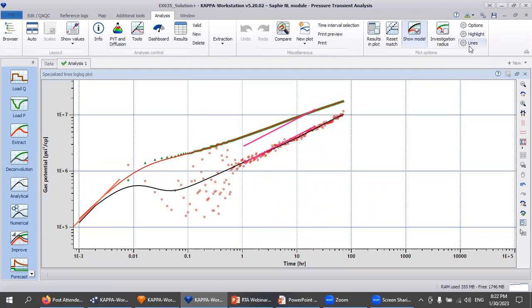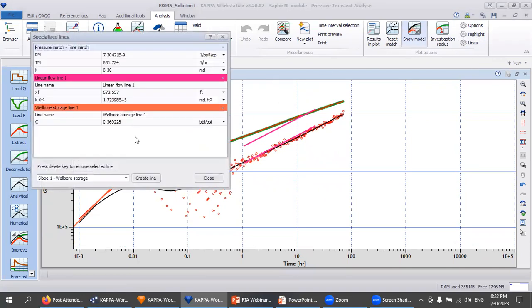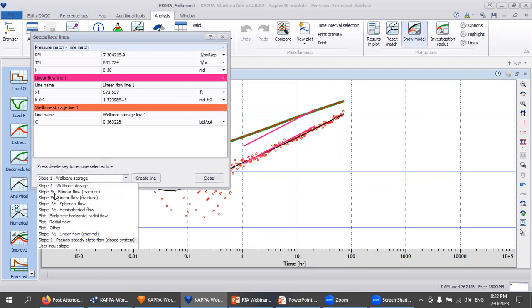Simply using this option, we have a set of lines with different slopes: slope half for linear flow of fracture, slope quarter for fracture bilinear flow, and slope one, like in RTA, for solid state or closed system.